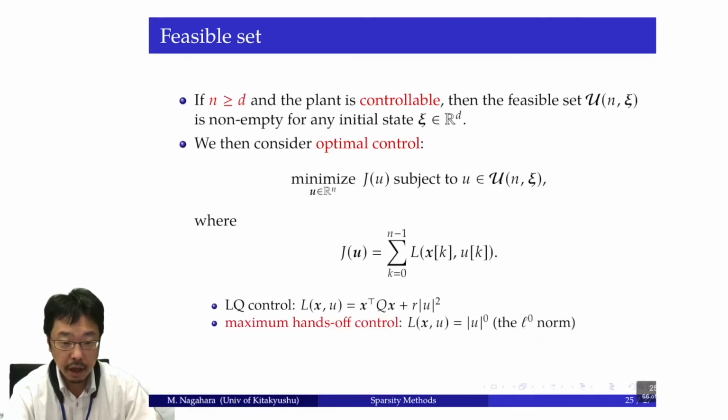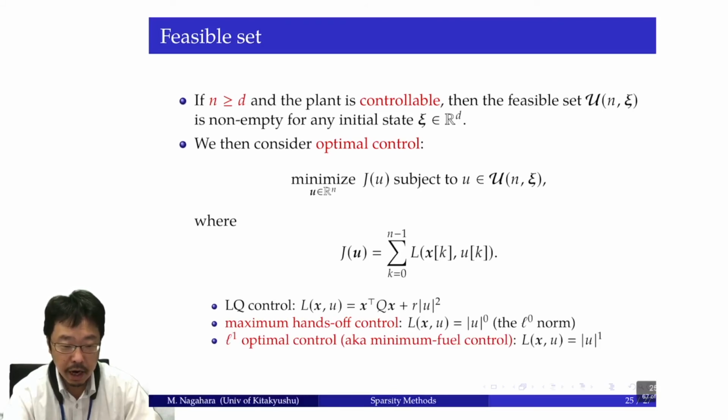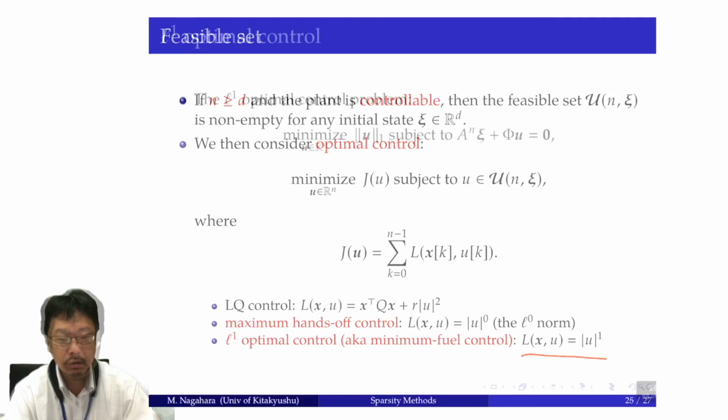If L is the L0 norm of the control vector u, then this problem is called maximum hands-off control or sparse control. As we discussed before, this is a difficult problem. And we relax this to L1 optimal control, which is also known as minimum fuel control. Here we consider the L1 optimal control with this.